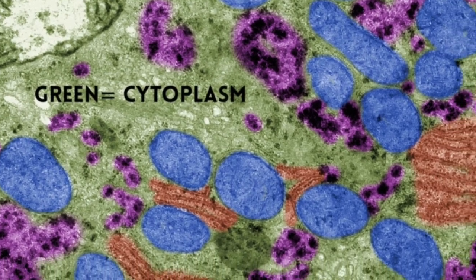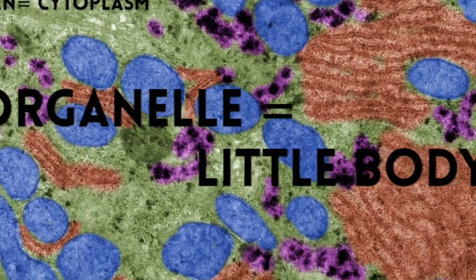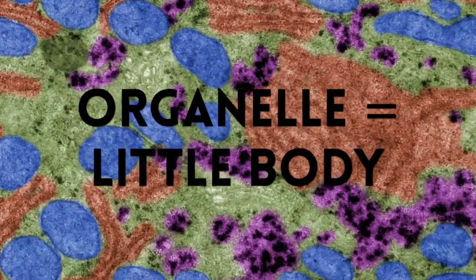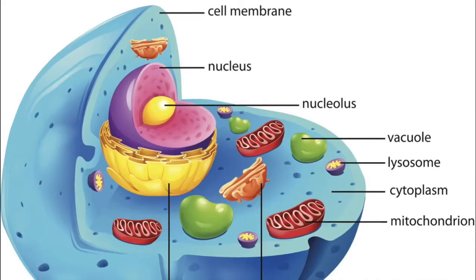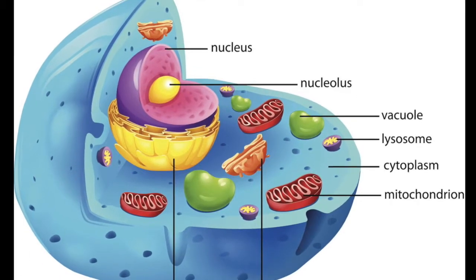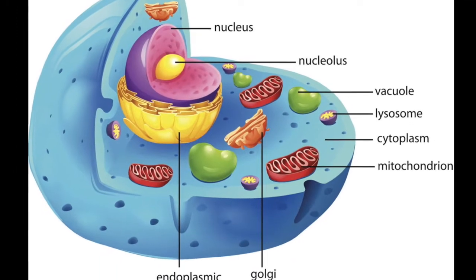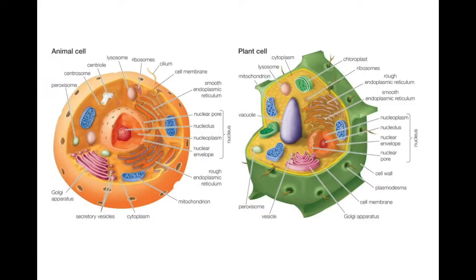The word organelle, which translates to little body, means each organelle has a unique job to do in the cell. Plant and animal cells contain many similar organelles, such as the nucleus, mitochondria, Golgi Apparatus, Endoplasmic Reticulum, and lysosomes. Those organelles do really similar jobs, but they have a few key differences between plant and animal cells that make a world of difference in the function of each cell.